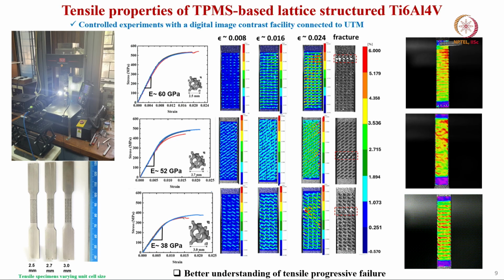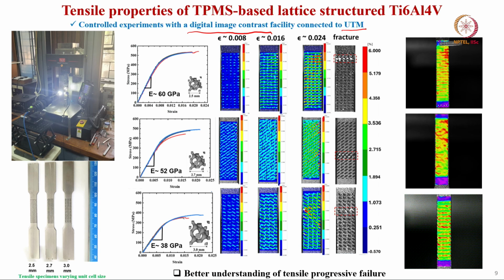As I said, typically cortical bone has an elastic modulus of the order of 10 to 30 gigapascal, or a little bit higher, up to 50 to 60 gigapascal. We are interested to know if this kind of structure can be used to mimic cortical bone properties. For that, we used a universal testing machine in tensile mode, attached with a digital image correlation facility, which can capture images as the material experiences different amounts of tensile strain.